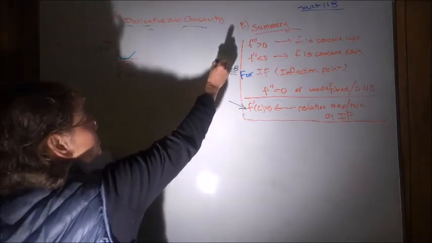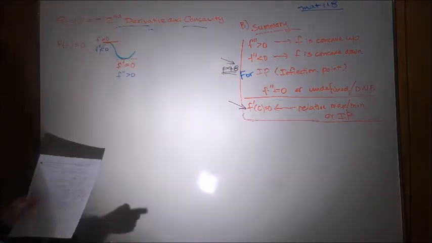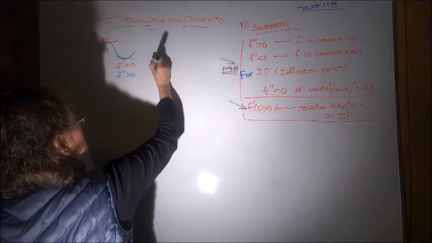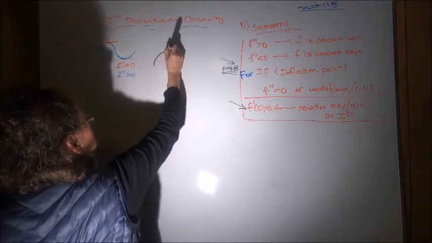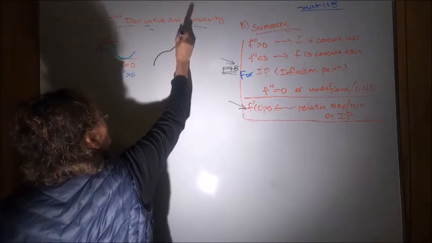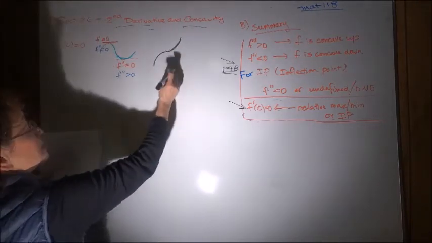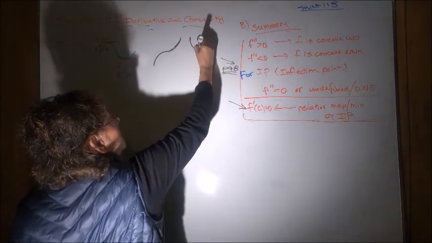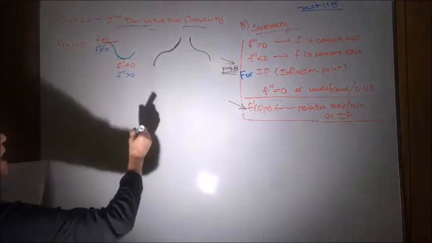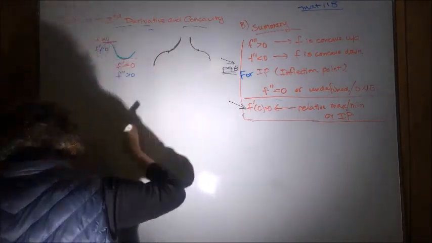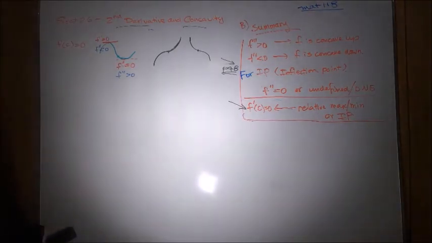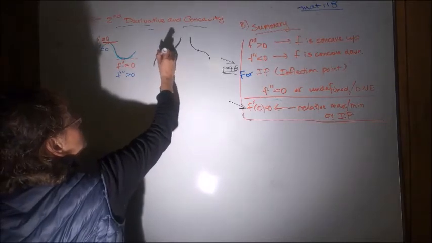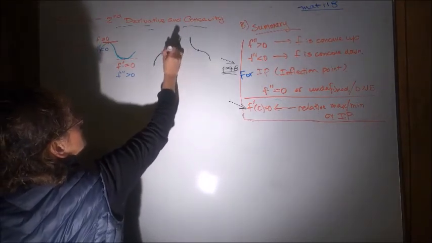So for this situation, it might be concave down to concave up, like this, or concave up to concave down. At this point of time, your f prime, it's your tangent line, you shoot it out this way.